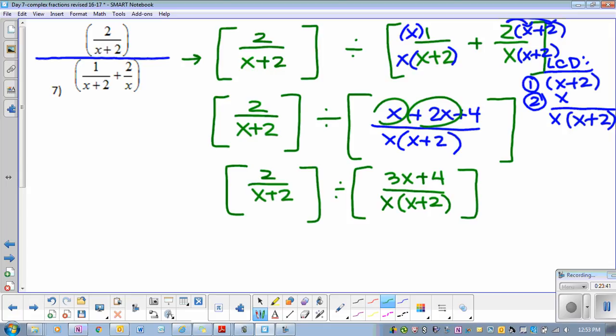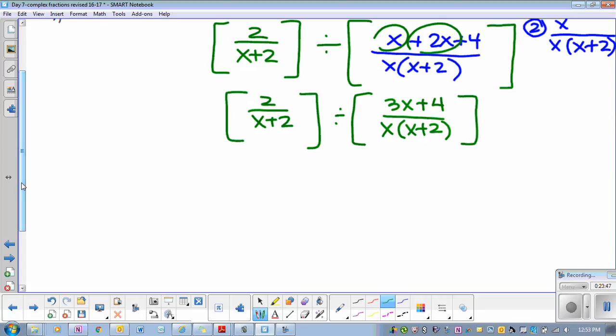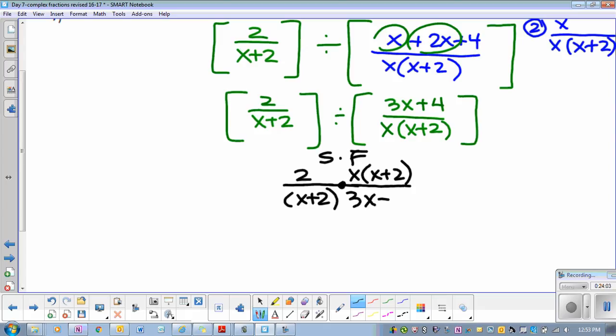But can I factor 3x plus 4? No, there's no GCF. The GCF is 1, right? So this turns into same times flip. So the first one is 2 over x plus 2 times, and flip the second one, x times x plus 2 over 3x plus 4.